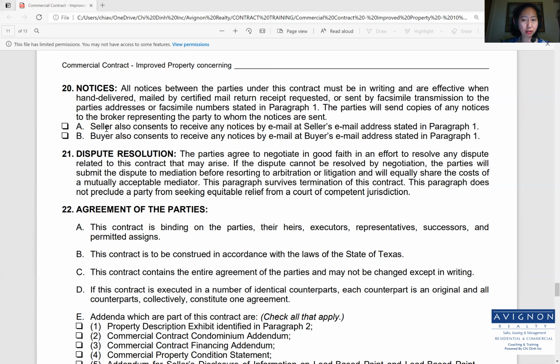These can be checked if seller and buyer consent to receiving any notices by email.